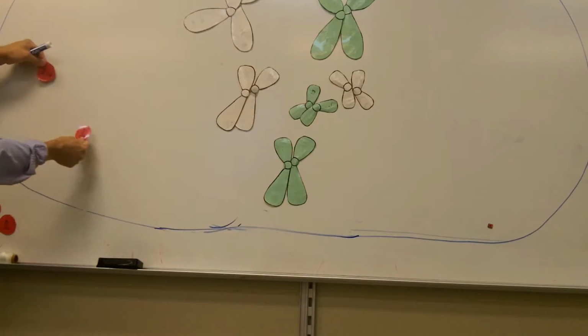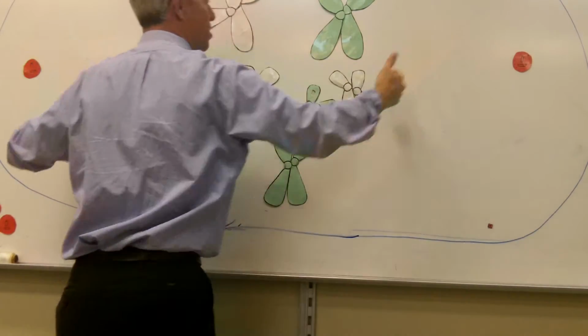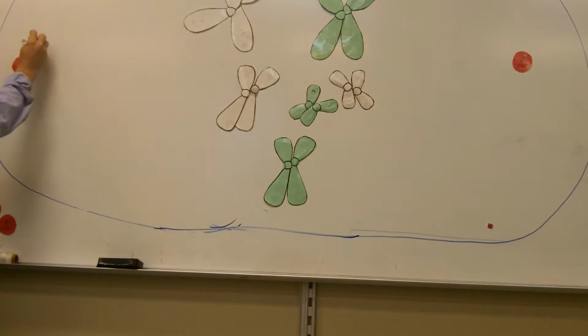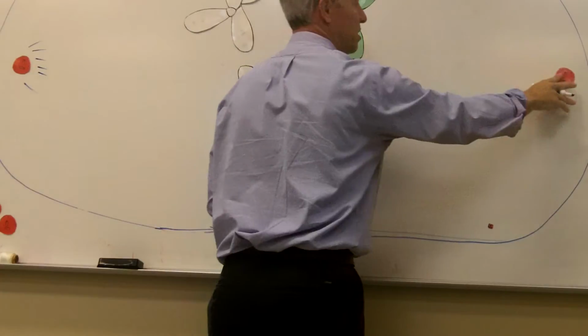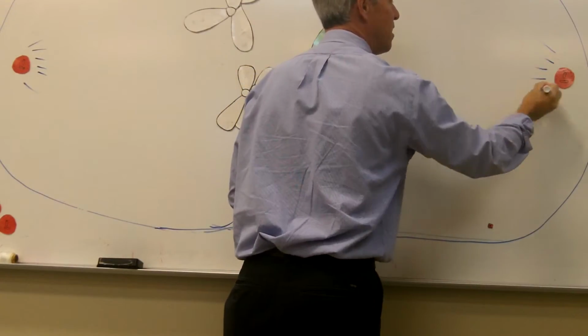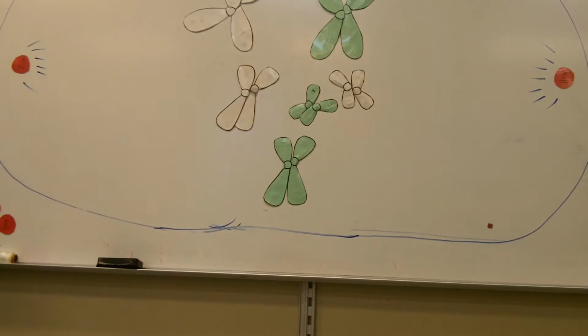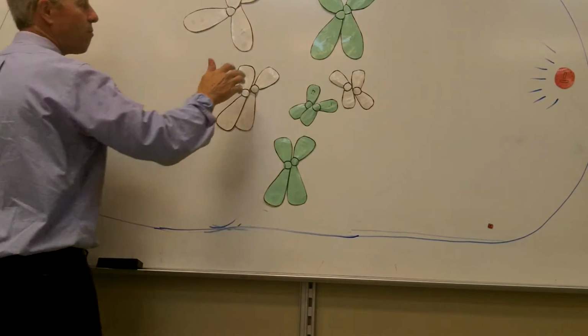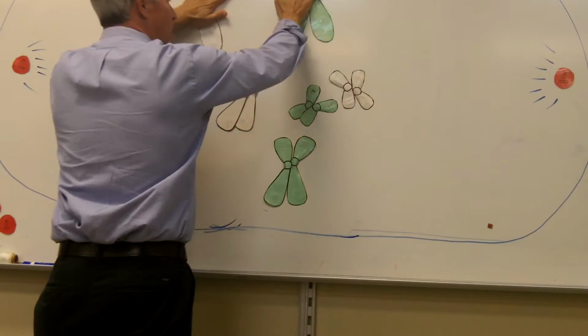The centrosomes move to opposite sides of the cell and spindle fibers come out. I'm just going to draw the spindle fibers kind of small. Just imagine they go all the way across. And the spindle fibers attach to the chromosomes. And the chromosomes line up in the cell.